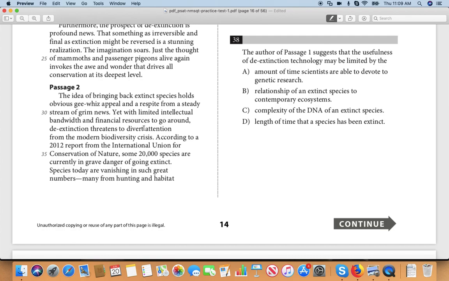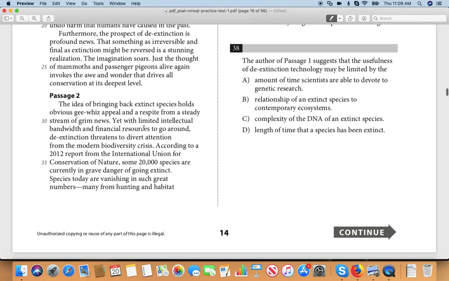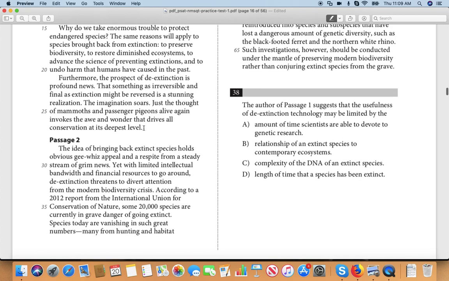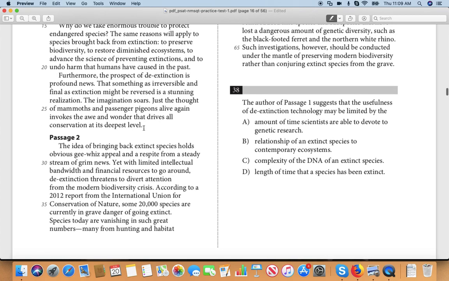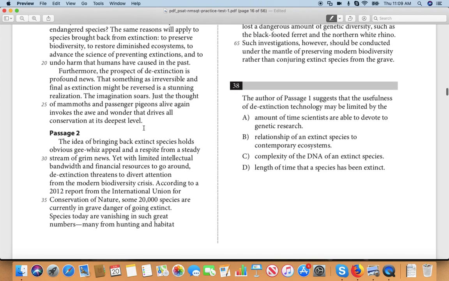About if they should try de-extinction. Do the authors of Passage 2 like the de-extinction technology? Are they in favor of it? Yeah, but they don't want people to do it at the moment.